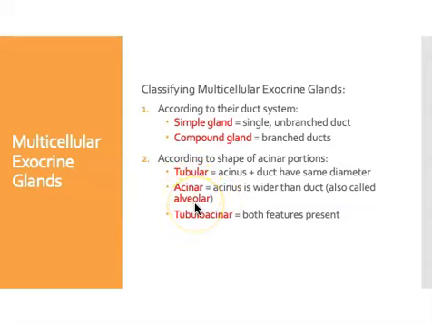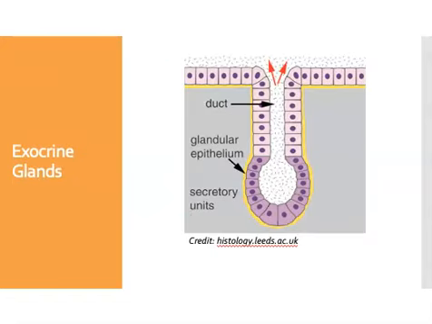And finally, there's sort of a combined version called the tubuloacinar, which has both features present, both the tubular feature, same diameter, and the acinar feature in the same gland. Let's go back for a minute and look at the gland that we saw in the last slide. Remember, this is a multicellular gland.